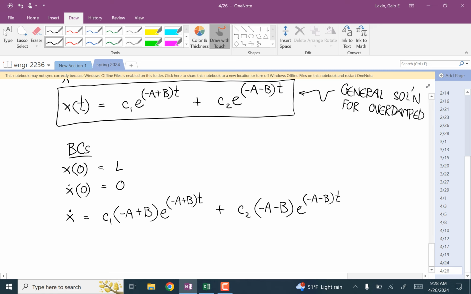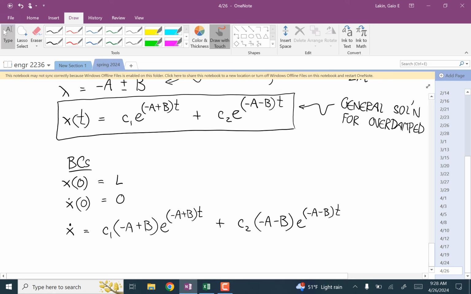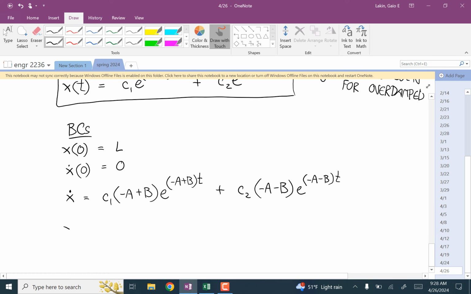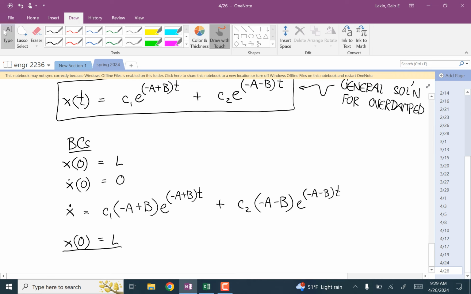Okay, so I'll do the derivative condition first. Is that the easiest way? Well, let's do just the x of 0 is equal to L thing first. So I'll use that as the first boundary condition. When you plug 0 in for time, the e to the powers each become 1.